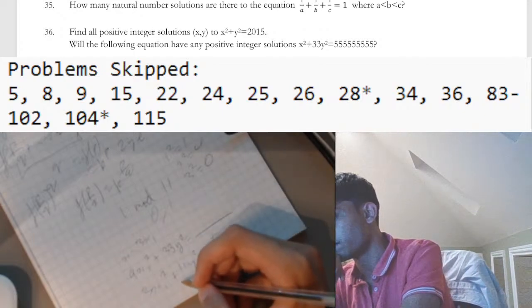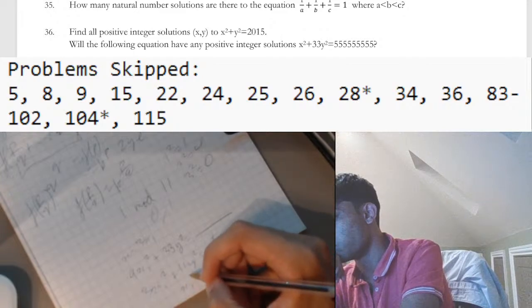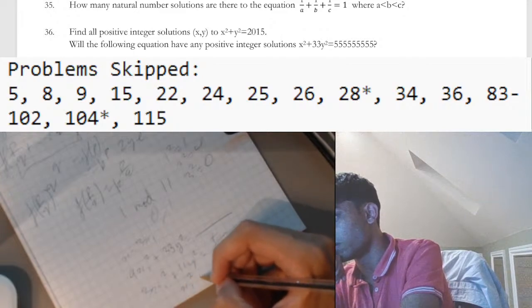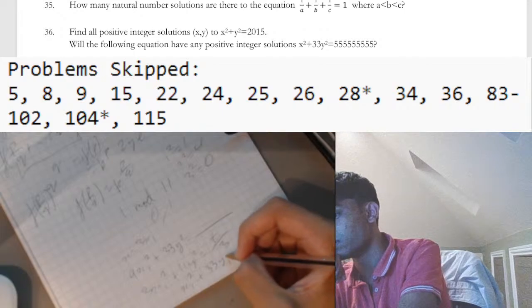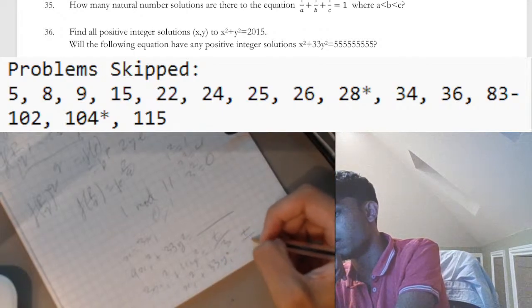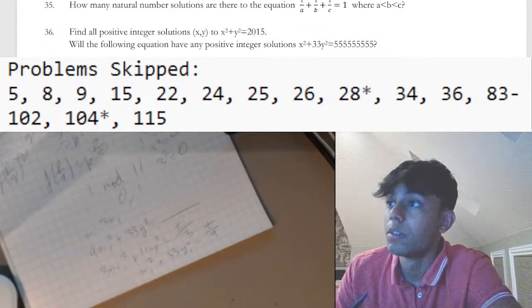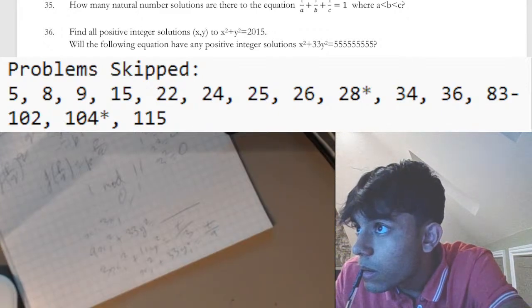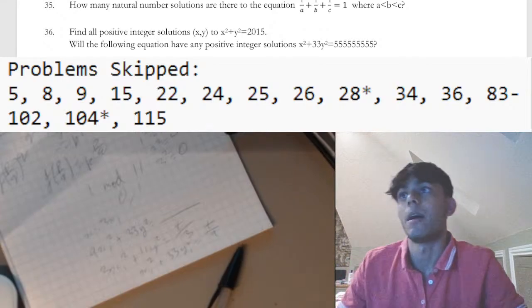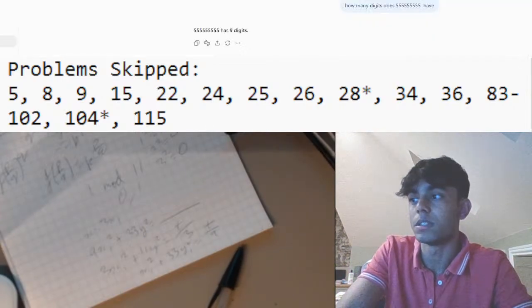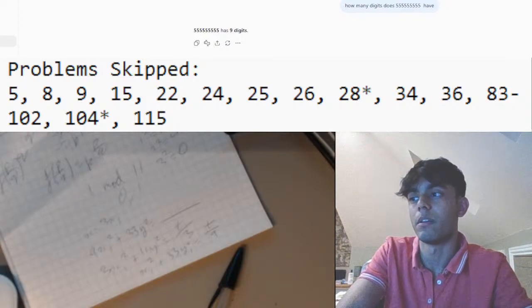So you get x1 squared plus 33y1 squared is t over 9. Okay, what's that number from that? I'm not doing this live. What is that number divided by 9?